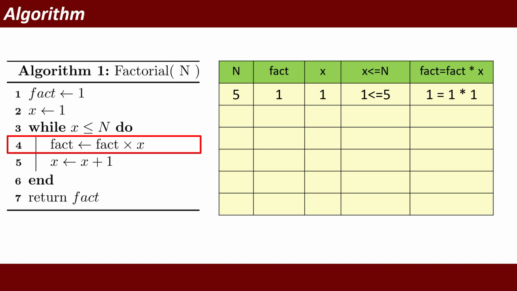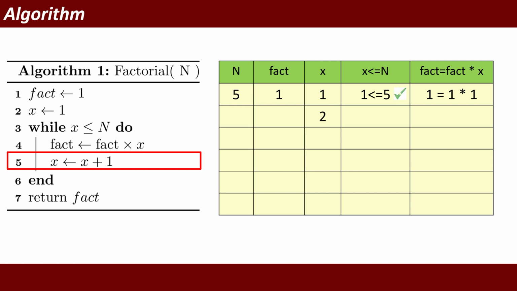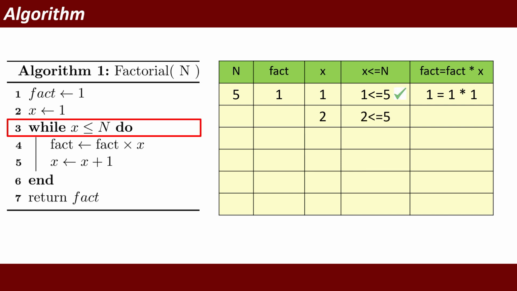In the body of the loop, I have written fact equal to fact multiplied by x. Now the value of fact is 1 and the value of x is also 1. It will calculate the right side first, 1 multiplied by 1, which gives 1. After this, the value of x will become 2. Then it will check 2 is less than or equal to 5. Yes, this is true.